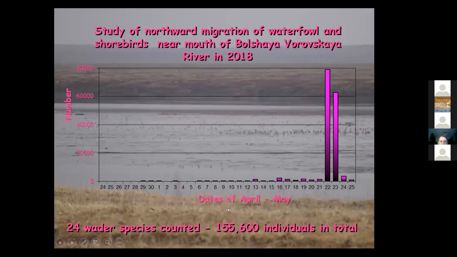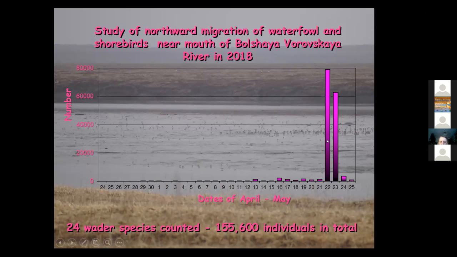Also, 2 years ago, we made one spring count, but for spring we use another method. I explain it in my presentation. In spring we counted flying-past birds, because migration is very fast in spring.